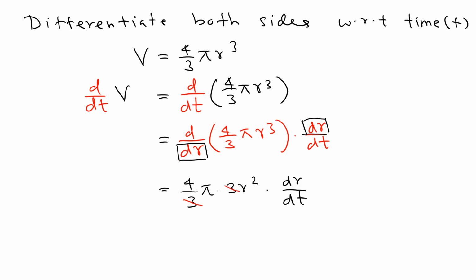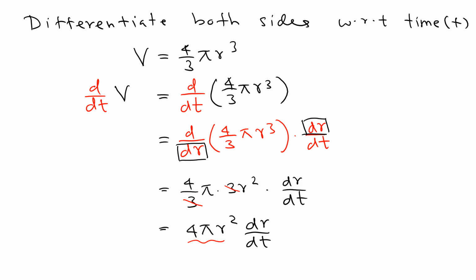So you're going to get 4 pi r squared dr over dt. And if you are familiar with geometry, you can see that 4 pi r squared is the surface area of a sphere. So it nicely appears here in this equation.